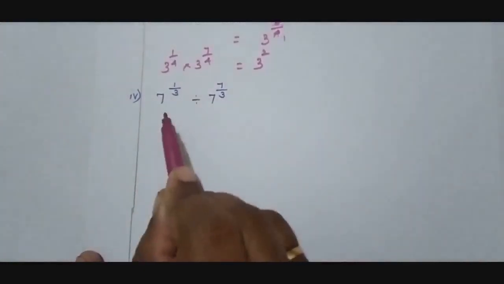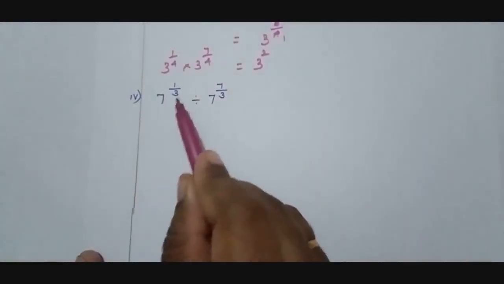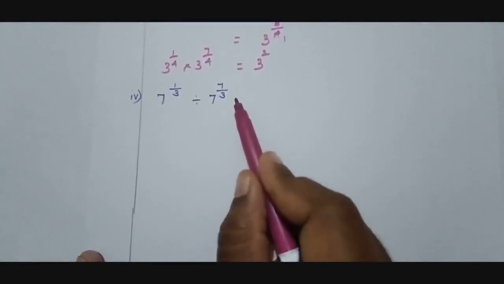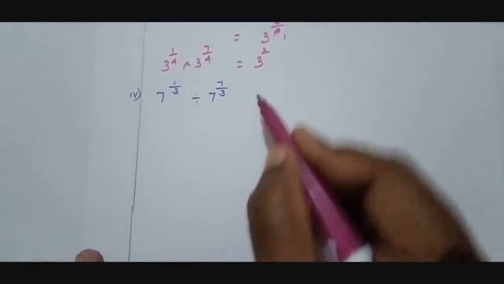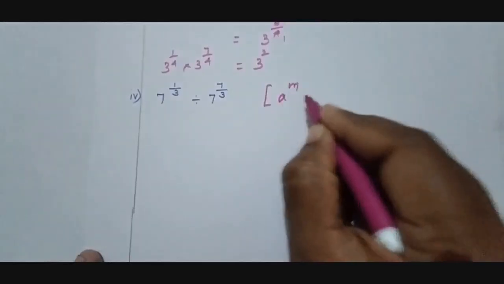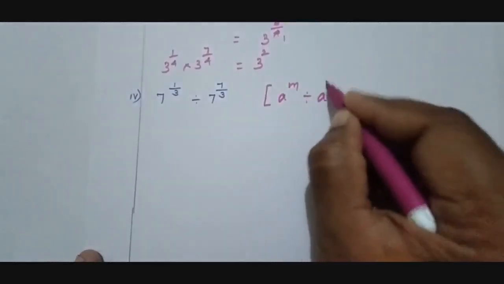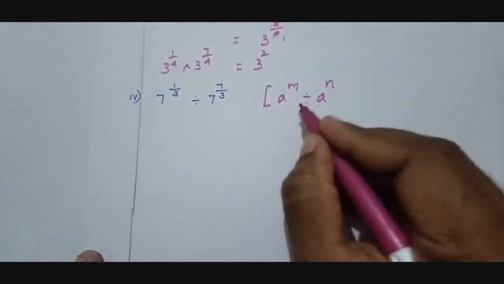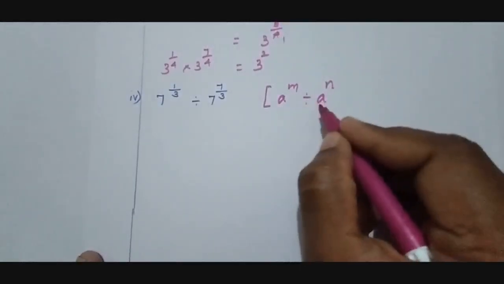The next one, 7 power 1 by 3 divided by 7 power 7 by 3. So this is based on the rule a power m divided by a power n. So what's the answer for a power m divided by a power n?